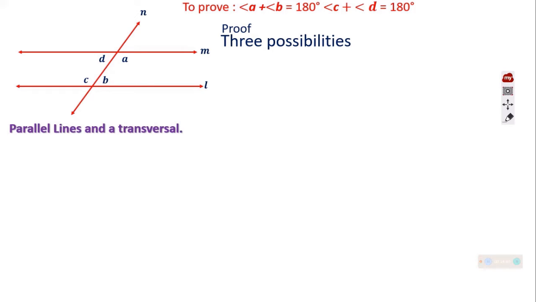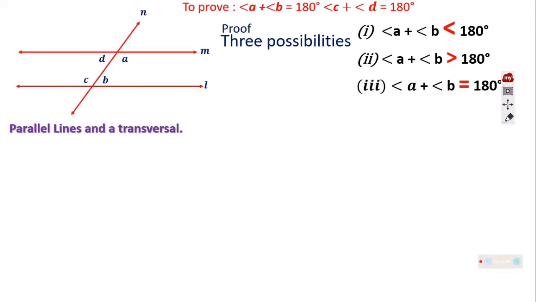We are asked to prove angle A plus angle B is equal to 180 or angle C plus angle D is equal to 180. But the possibilities are angle A plus B is less than 180, angle A plus angle B is more than 180, or angle A plus angle B is equal to 180 degrees.